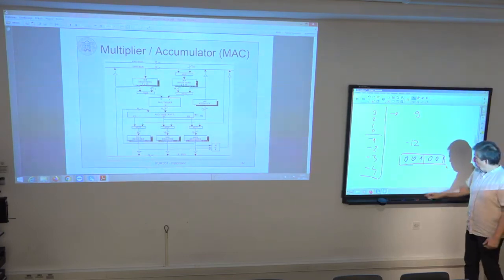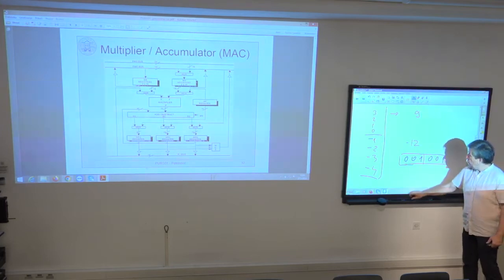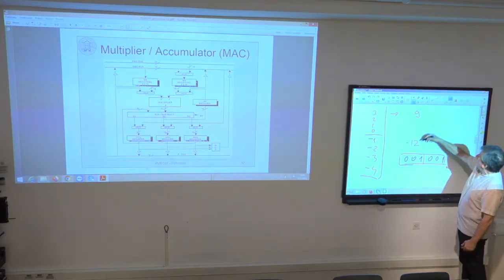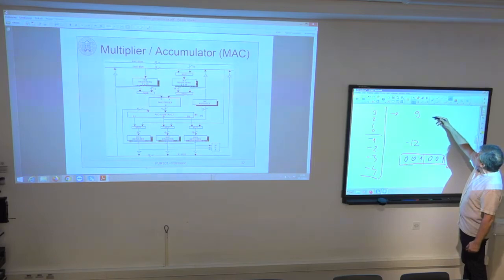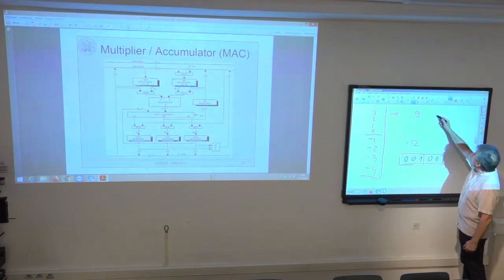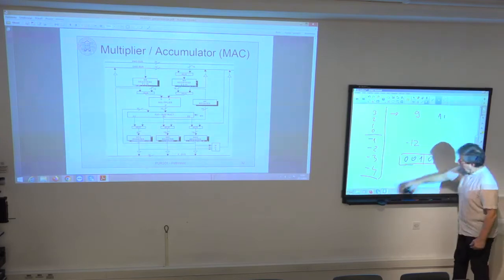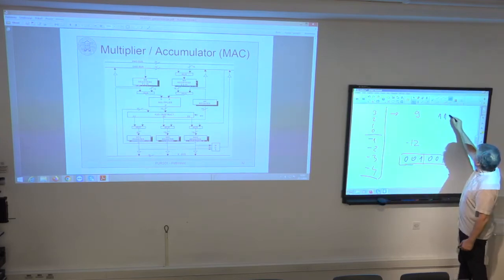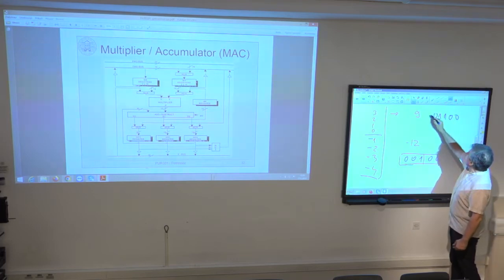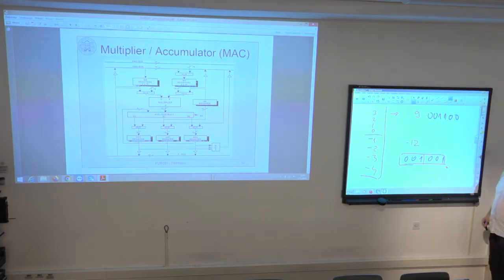Just for example, if I want to show the case of minus 12, so 12 written as a positive number would be 8 plus 4. So 8 plus 4, and then 2 bits to the left. This is 12.